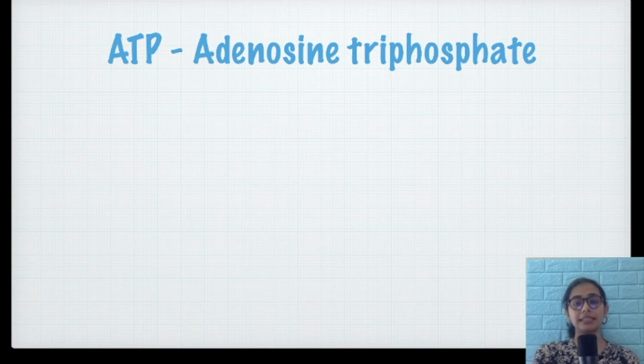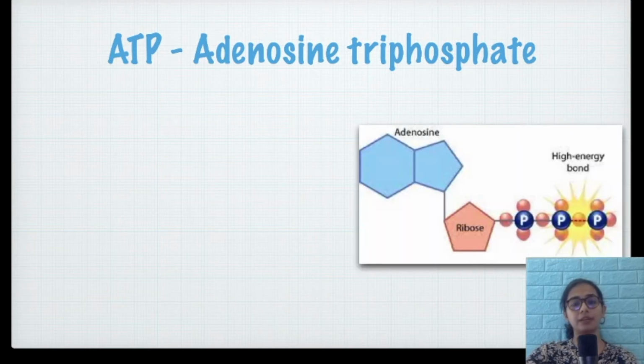Remember, what is ATP? Now, ATP stands for adenosine triphosphate. Now, what does this mean? It consists of an organic compound called adenosine attached to a ribose sugar, which is in turn attached to 3 phosphate groups. Hence, it's called adenosine triphosphate. Now, this molecule has a lot of energy kept inside it, right?